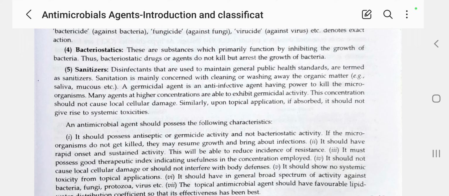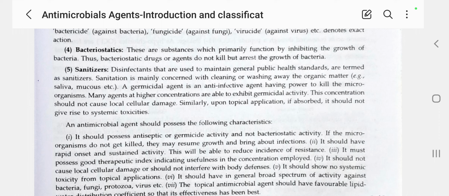Germicidal agents are anti-infective agents having the power to kill microorganisms. Many agents at higher concentration are able to exhibit germicidal activity. This concentration should not cause local cellular damage.